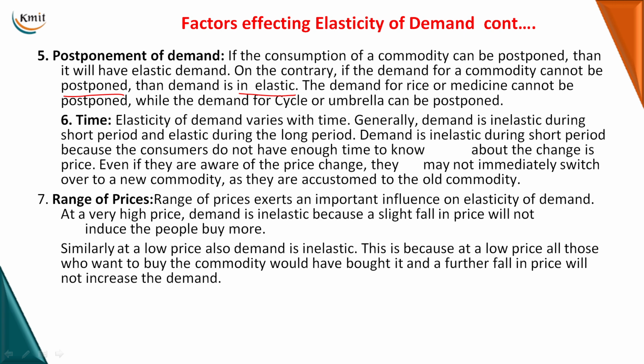So the demand for rice or a medicine cannot be postponed, while the demand for a cycle or umbrella can be postponed. So where you cannot postpone it, the demand will be inelastic. For the one which can be postponed, the demand will be elastic.